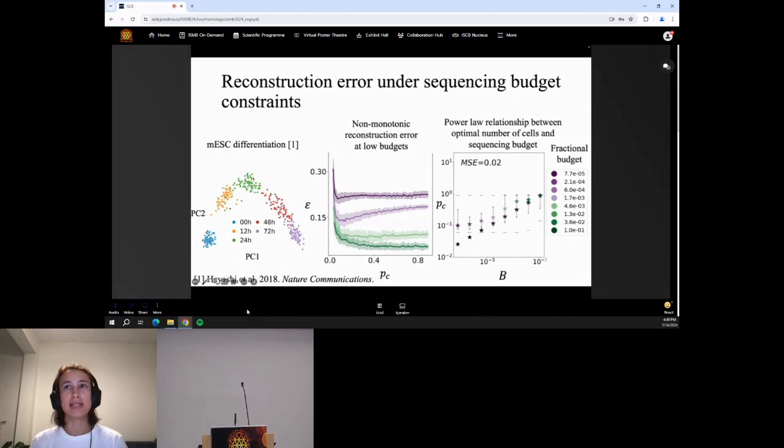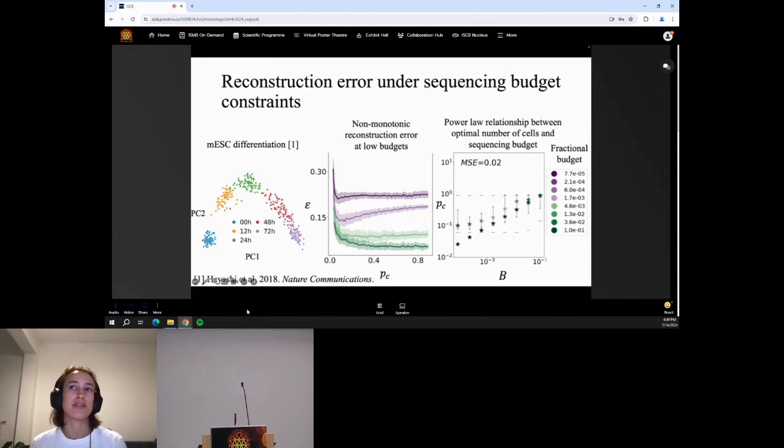As the budget increases, the optimal number of cells to assay increases. The empirical optimal fractions of cells that achieve the minimal reconstruction error are marked by colored stars according to their sequencing budget.